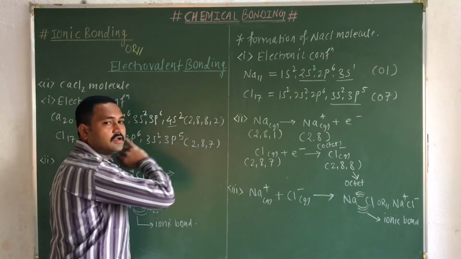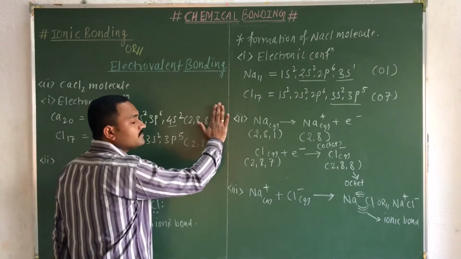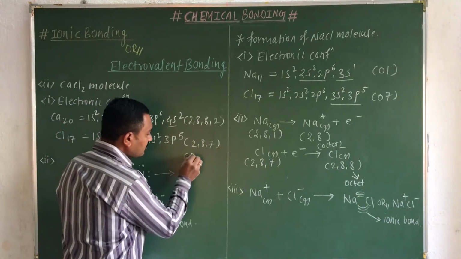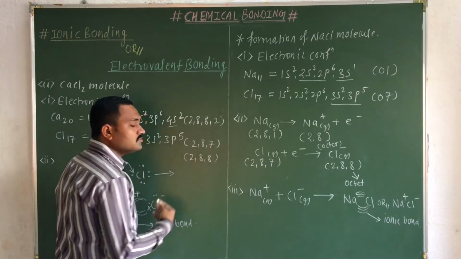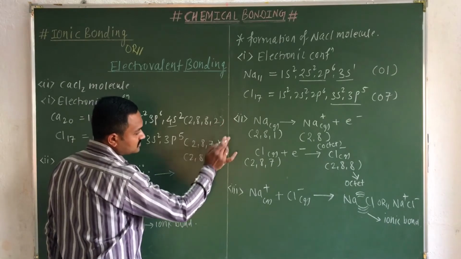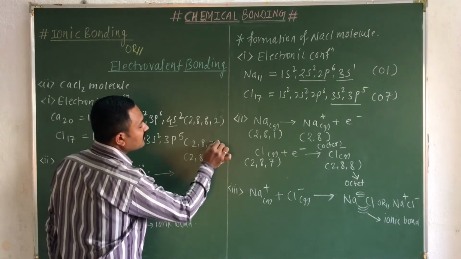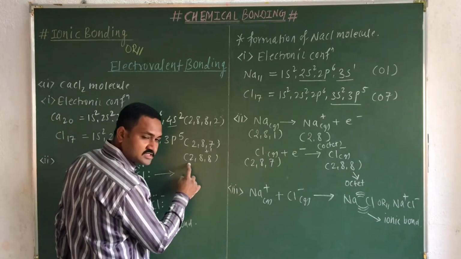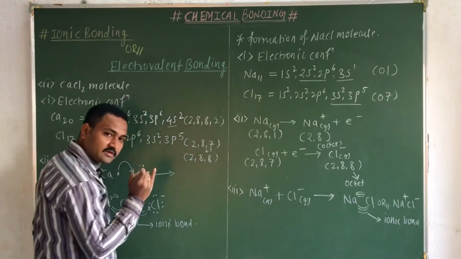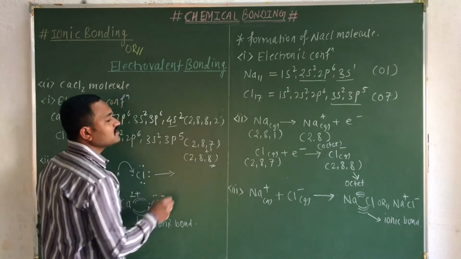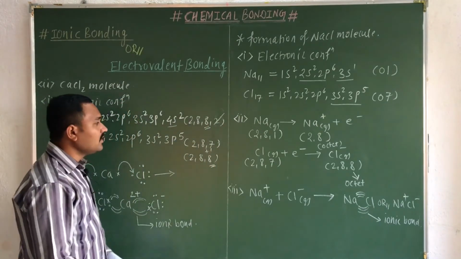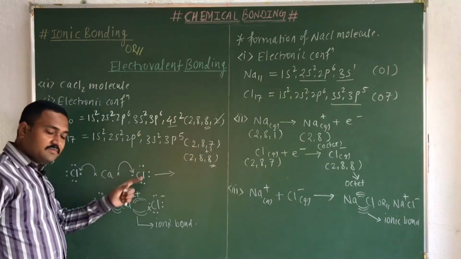So obviously the octet will be completed by your calcium. Now here there will be 1 additional electron in each chlorine atom, so its configuration will become 2, 8, 8. So chlorine also completes its octet, and calcium also completes its octet, and those ions are stable.